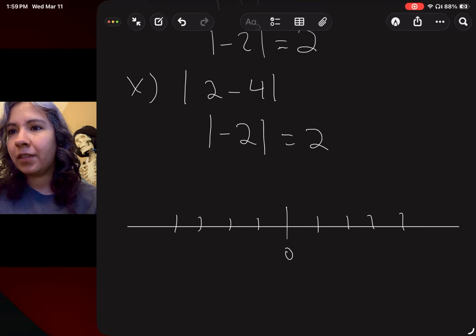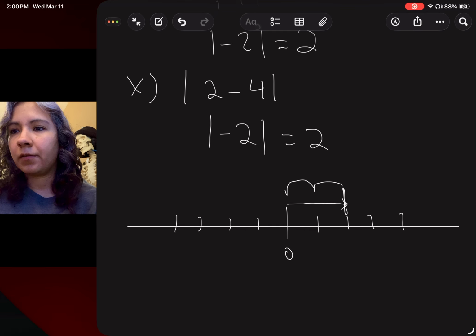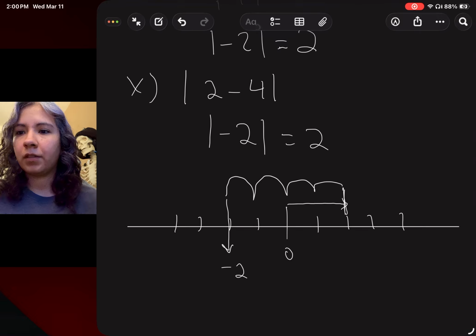Okay, so we have +2. We're going to the directed number 2 to the right. That's 2. Now we're subtracting 4. So 1, 2, 3, 4. That leaves us at this -2. But if we're doing the absolute value, it's only 2 steps away from 0.